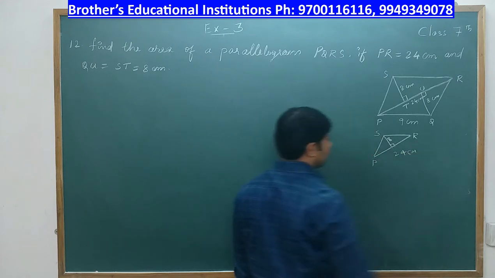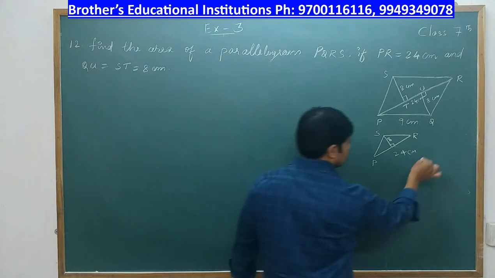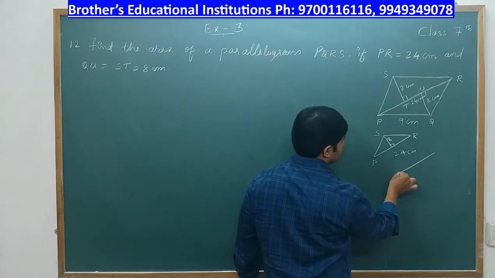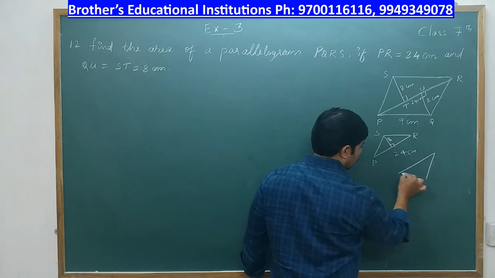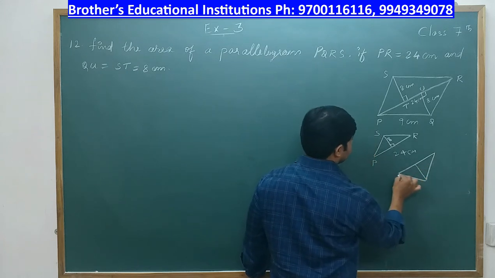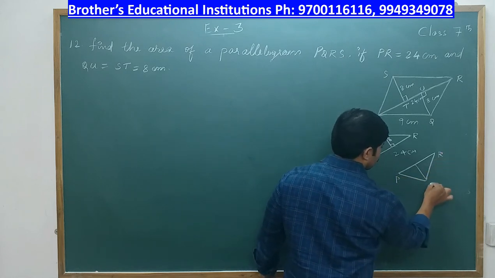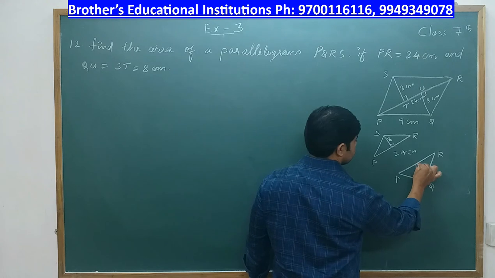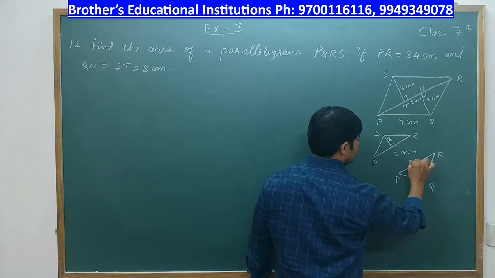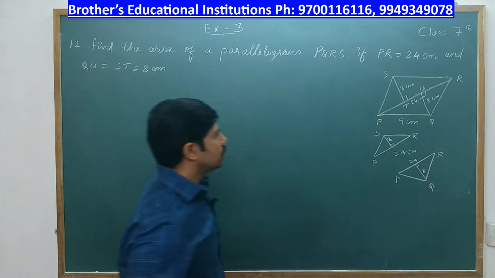So first we'll find the area of triangle PSR. After that we'll find the area of triangle PRQ. This is perpendicular. So this is 24 and I think this is the same 8 centimeters.